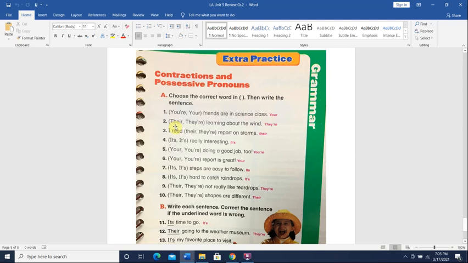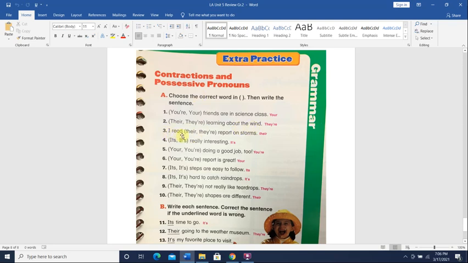Number 2, there or they're learning about the wind. So they are learning. Okay, we learned before that the verb to be is a linking verb and then ing to show that something is happening in the present. So here would it be something that belongs to someone? No, they are learning about the wind.